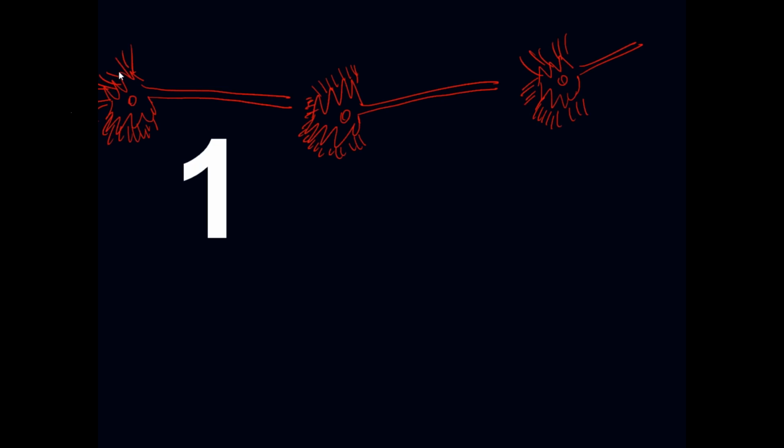Okay, we have the dendrites, and then we have the terminal axon here. This is the terminal axon. The electrical impulse is going to be transmitted this way, from the axon to the dendrite.